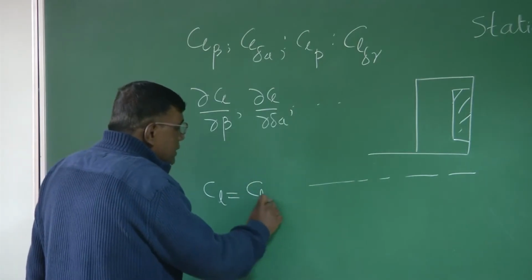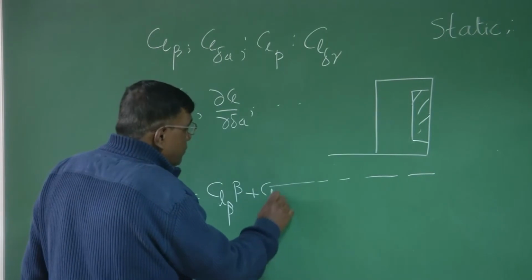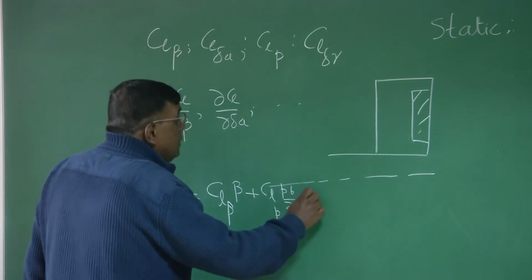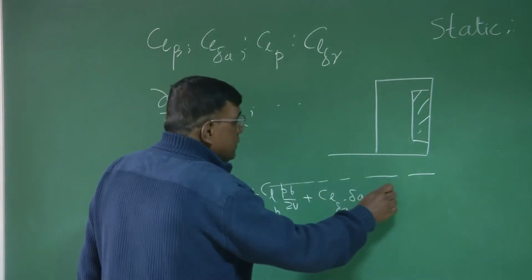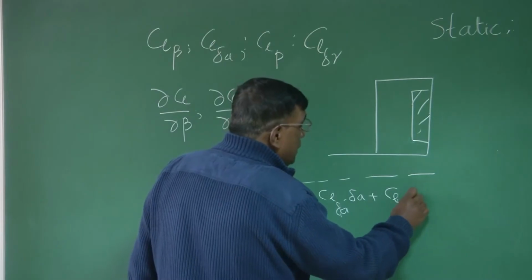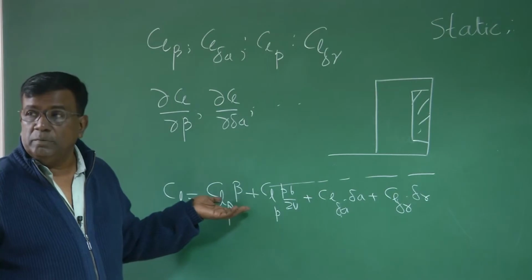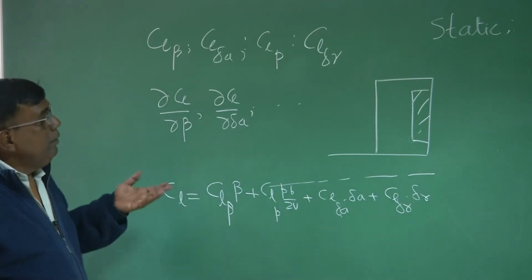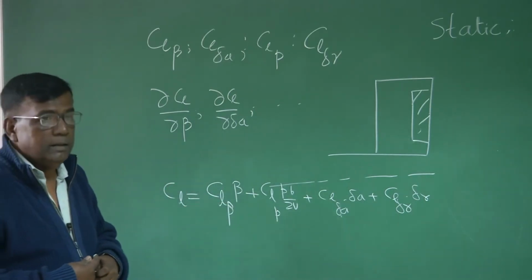CL I can expand as CL beta into beta, plus CLp into p b by 2U, plus CL delta A into delta A, plus CL delta R into delta R. Are you familiar with this expansion? Sure? Somebody may ask, there could be a rolling moment because of yaw rate, right?